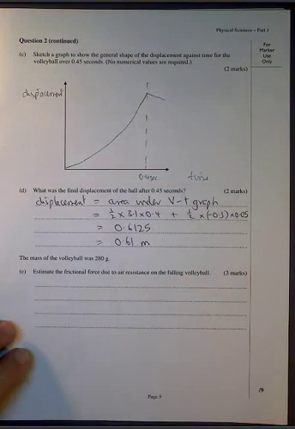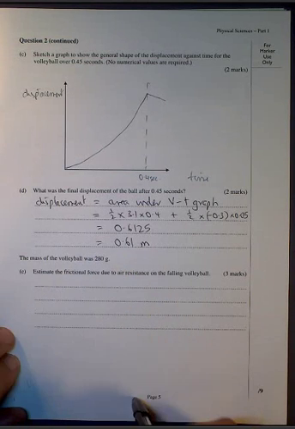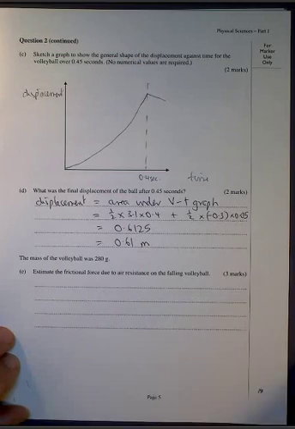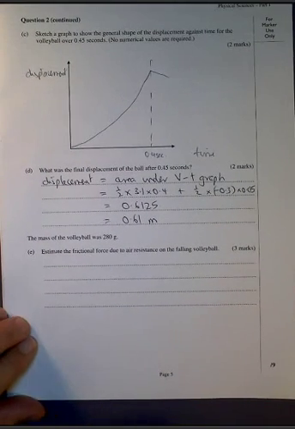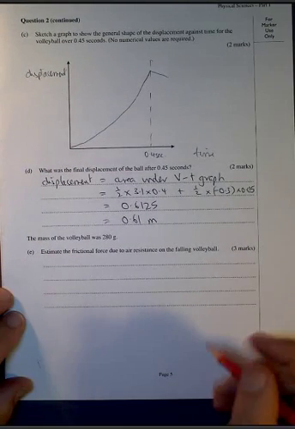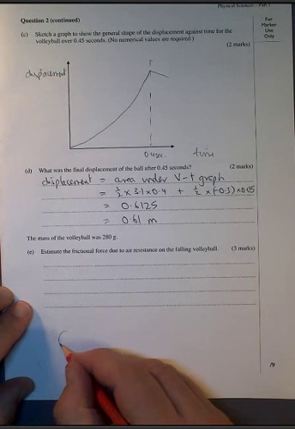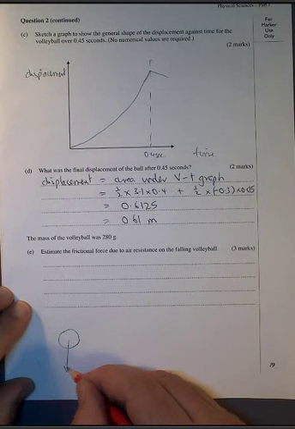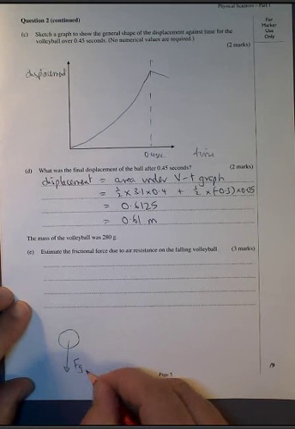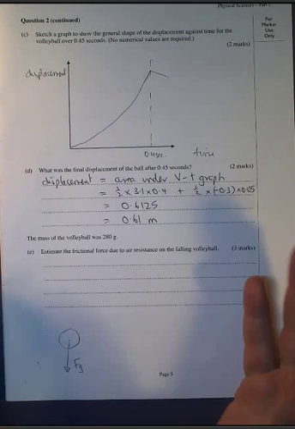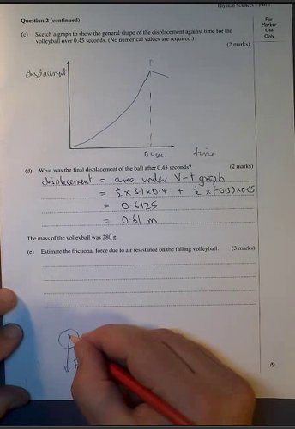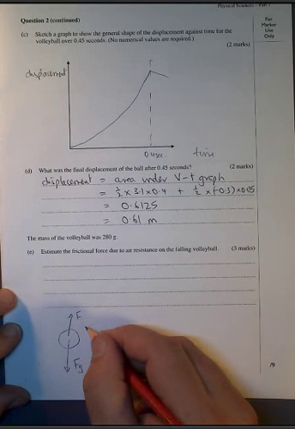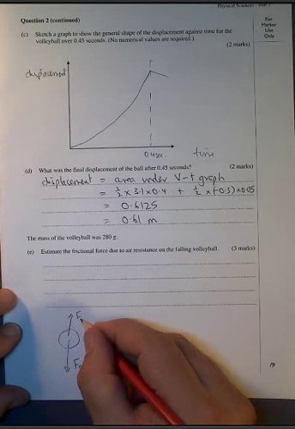Now, the mass of a volleyball is 280 grams. Estimate the frictional force due to air resistance on the falling volleyball. Well, if we have a look at our volleyball as it's falling, it's going to have a force due to gravity going down, and it's going to have a force due to friction.